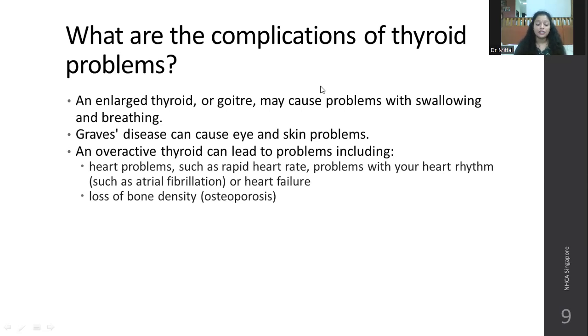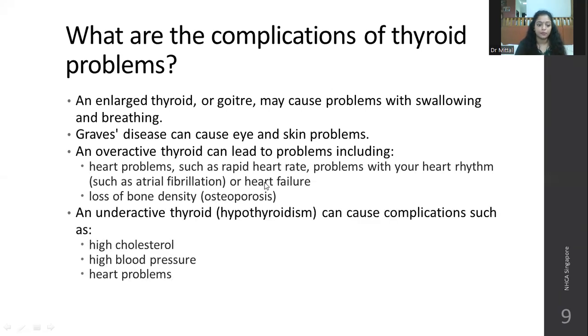Loss of bone density because of osteoporosis can take place in an overactive thyroid gland, that is hyperthyroidism. If the thyroid is underactive, in hypothyroidism, complications include high cholesterol level, high blood pressure, and heart problems, usually associated with obesity. Obesity and hypothyroidism are interrelated because of inflammation.